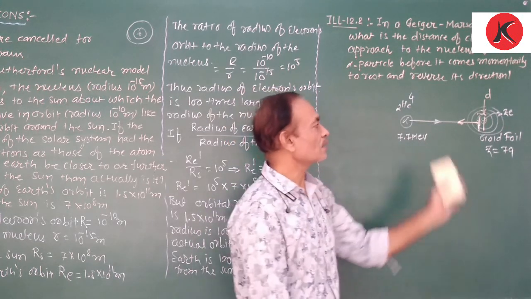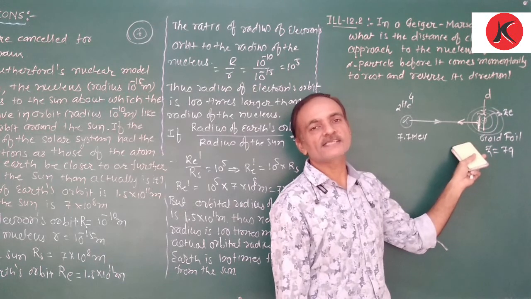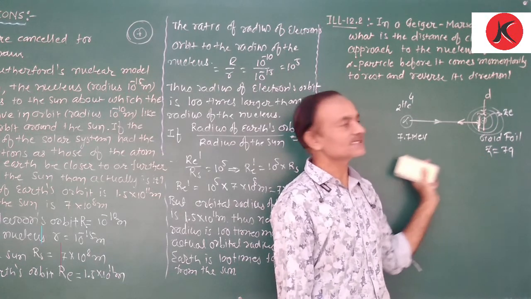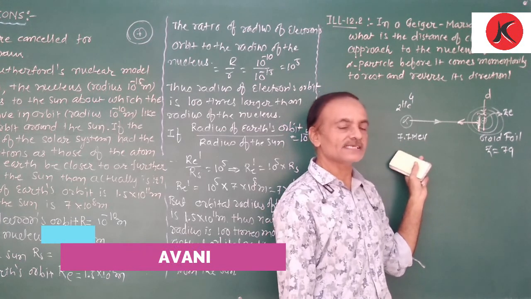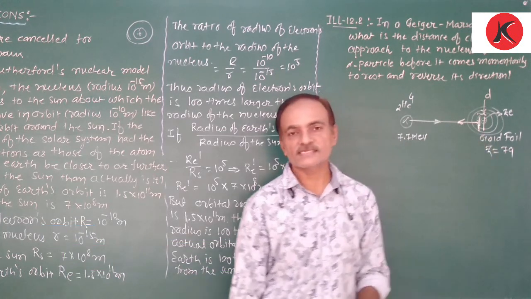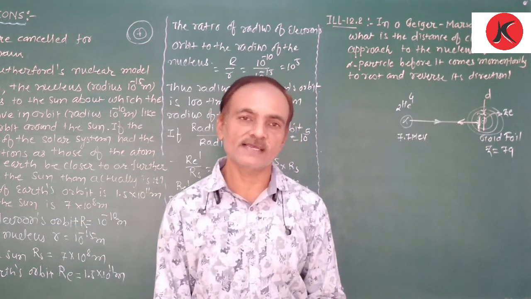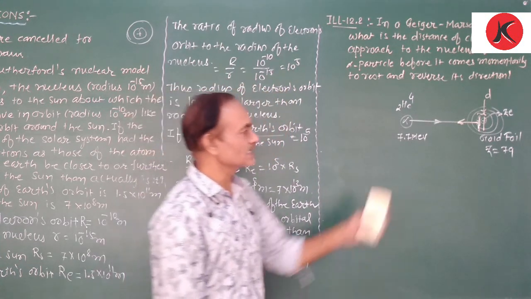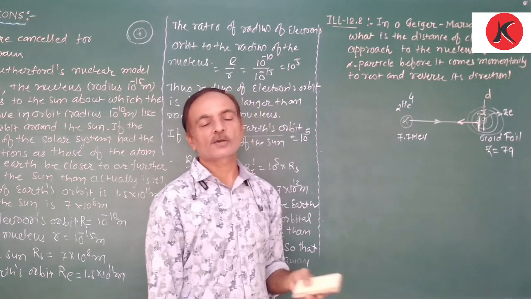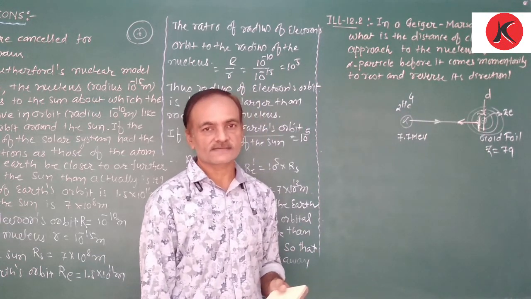Here we are using the law of conservation of energy, initial energy equals final energy. Initial energy is kinetic energy and final energy is potential energy. Therefore, kinetic energy is equal to potential energy, and we can find the closest approach distance.